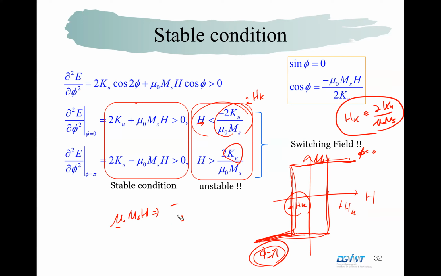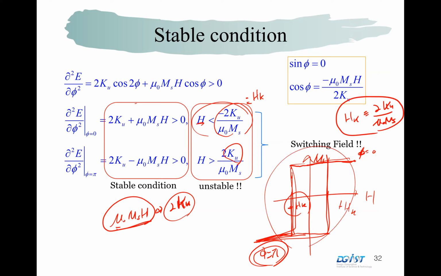So if you rewrite this equation in this form, this is the Zeeman energy, which prefers the field direction. Magnetization prefers the field direction. And what's the meaning of this KU? This is the energy preferring a specific energy direction.